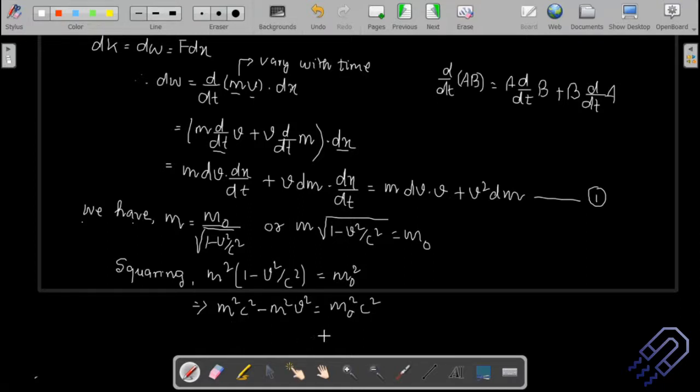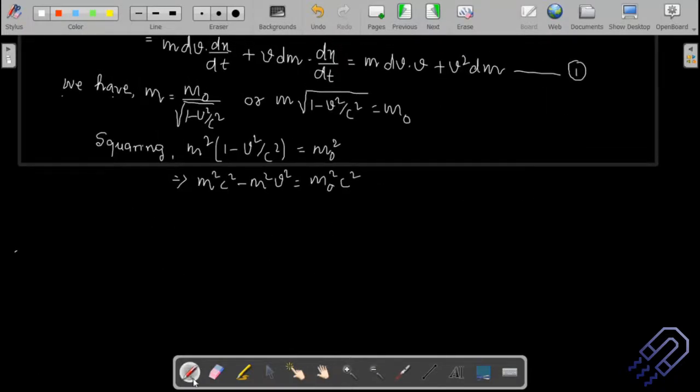And what we can do now is we can differentiate this equation and see what we get. Here also the logic is the same, that m and v are not independent of each other. If we differentiate this, c is a constant. Definitely in any frame of reference, moving or not, c is a constant.